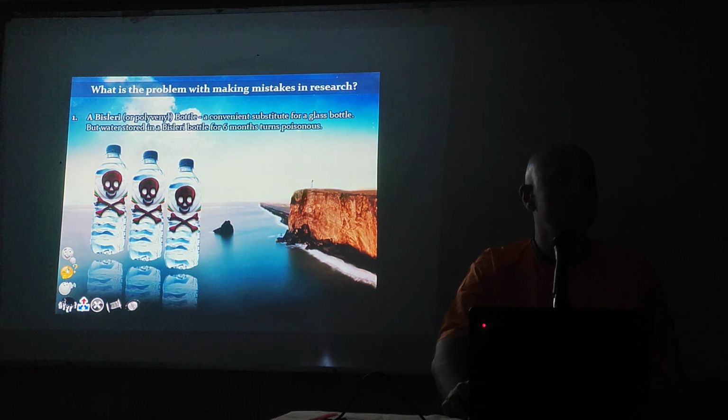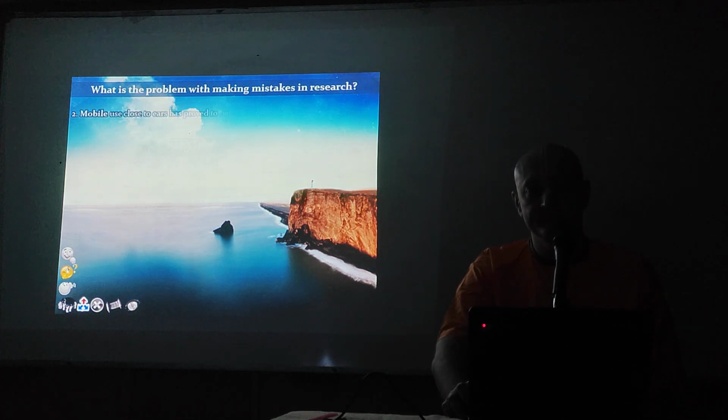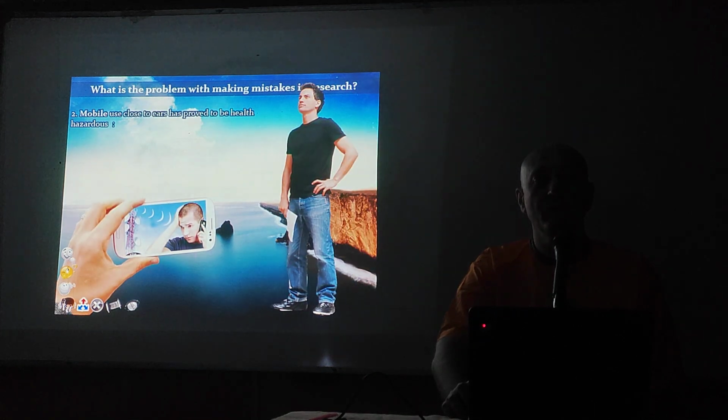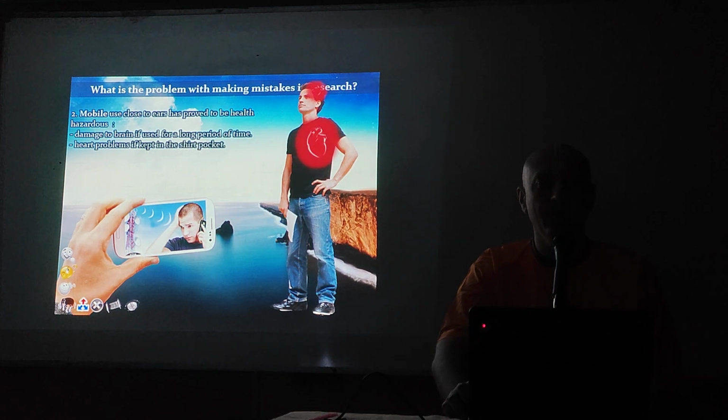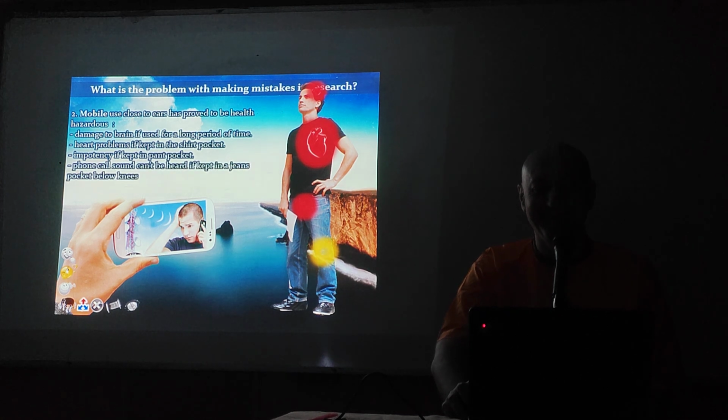As a poison. Mobile use, horrible, so many wonderful things. Damage to the brain, damage to the heart, damage to so many parts of the body. Have to be very careful.